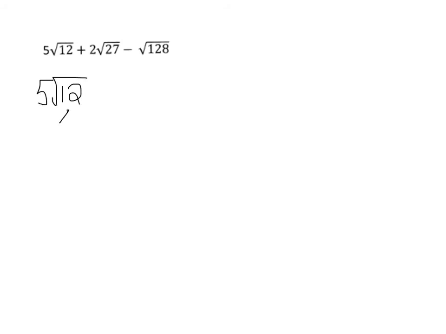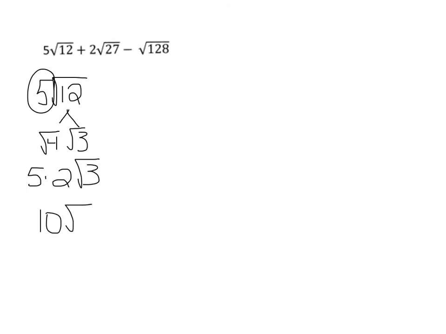I know I can break 12 down into a perfect square times a non-perfect square. I can break it into 4 times 3. 4 is a perfect square, and the square root of 4 is 2, and I'm left with that square root of 3. Remember, we have that 5, so bring it down. So 5 times 2 is 10, and I have that square root of 3.